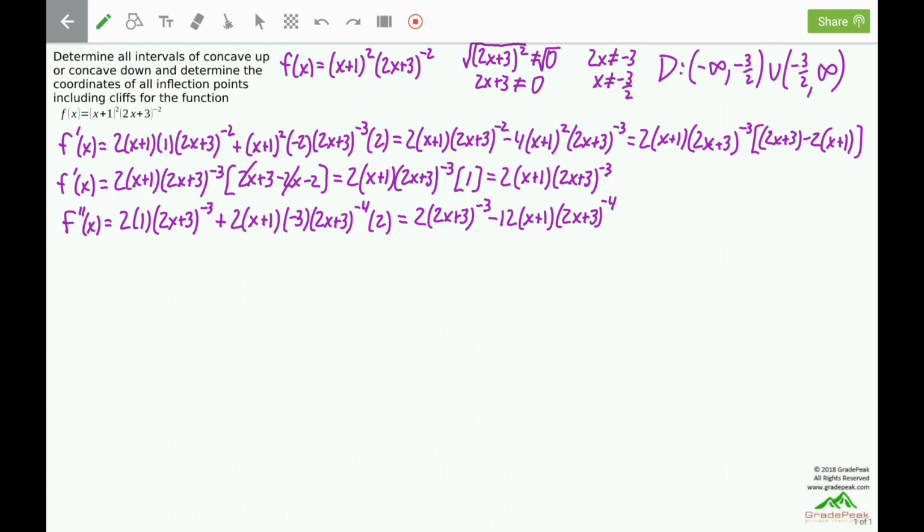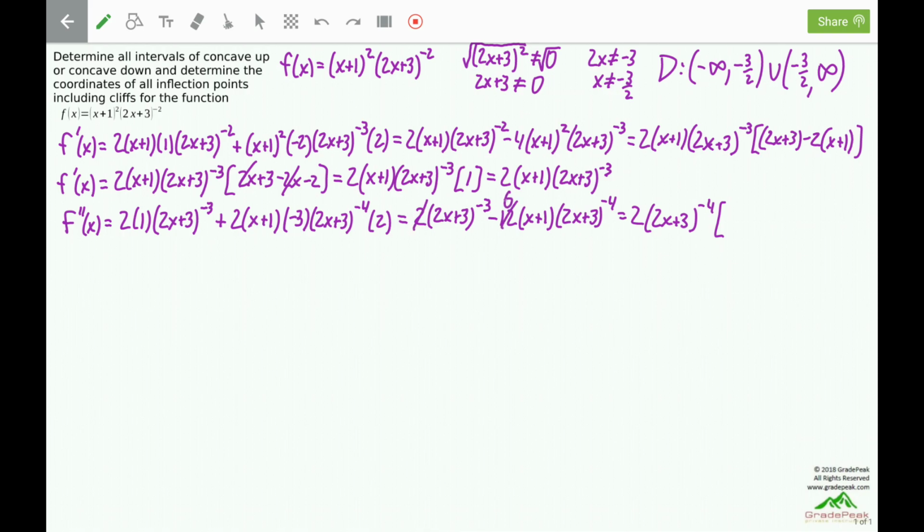We want to fully factor the second derivative. There's a common factor between the coefficients, 2 and 12, of 2. So we can factor a 2 out. And then there's a 2x plus 3 to the minus 3 and a 2x plus 3 to the minus 4. We can factor out the lower power of the 2x plus 3. That will be the minus 4. Factoring out a 2, that'll become a 1.